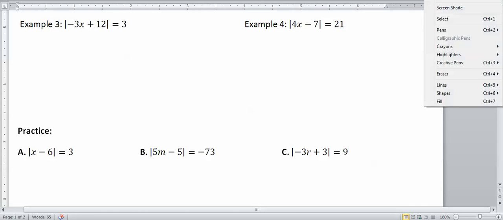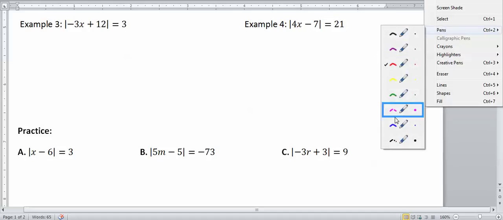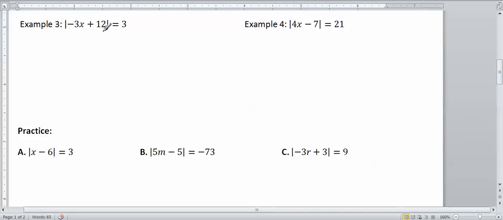Okay, so we use 2 different colors again. Blue. Okay, so we've got the absolute value of negative 3x plus 12 is equal to 3. All right, so remember that the inside of this, if it's positive or negative 3, in both cases is equal to 3. So I'm going to remove my absolute value sign and create 2 equations.